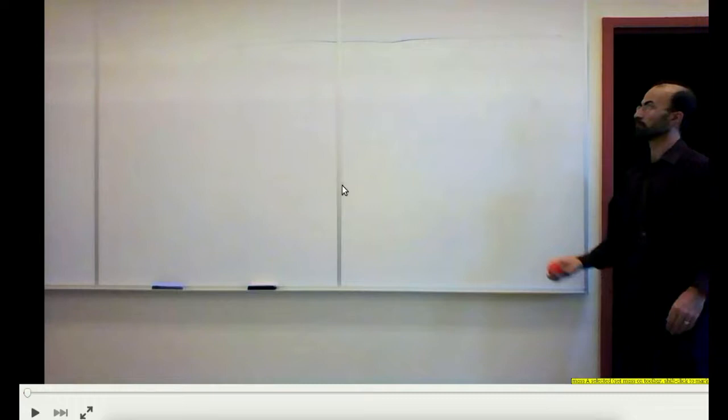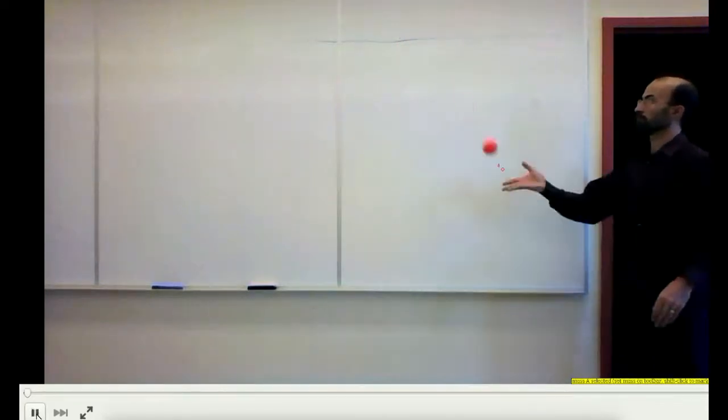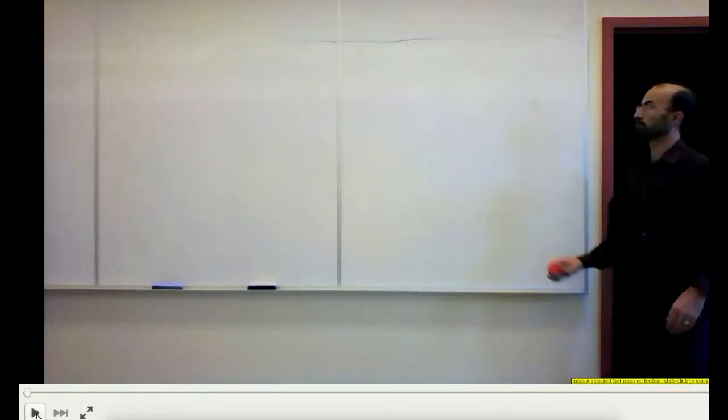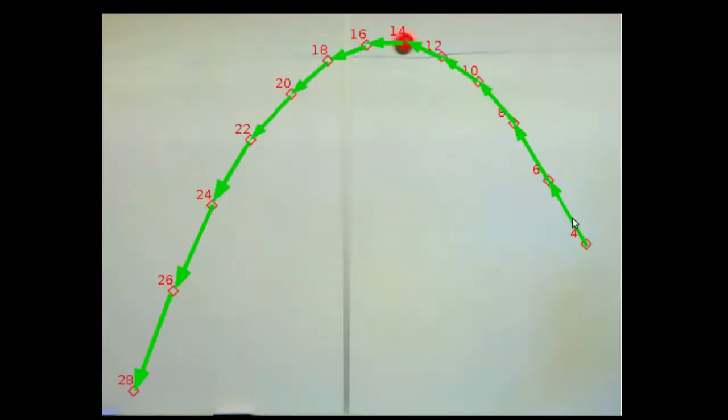So here's a video of me throwing a ball, and I've used video analysis software to have it generate a motion diagram. So you can see the points. Let's see that again. And here it is with all the points shown. There's the ball, and I've inserted velocity vectors on it.